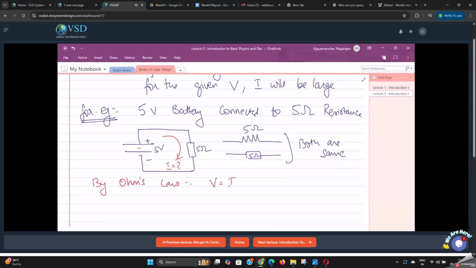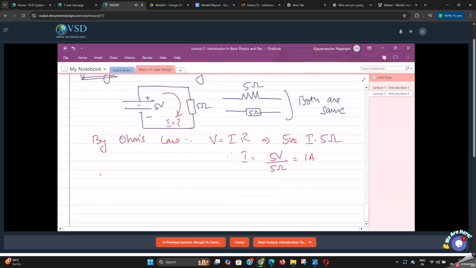V equal to IR. What we get? 5 equal to I into 5 ohms. 5 volts is equal to I into 5 ohms. Therefore, I is equal to 5 volt divided by 5 ohms, which is 1 ampere.